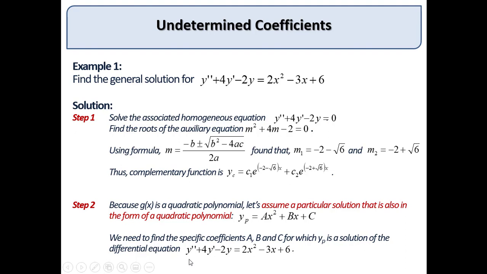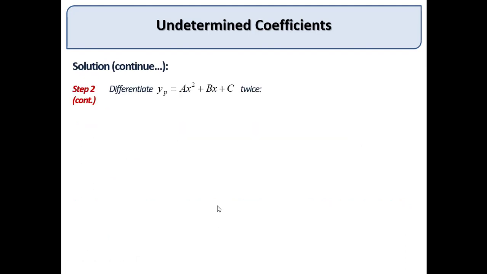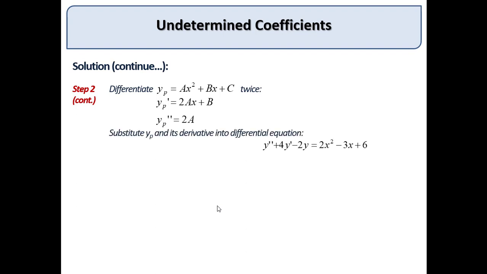Because we have the derivatives y double prime and y prime, we need to differentiate it once and twice so that we can include yp in the second order differential equation. So we differentiate yp twice. First is yp prime equal to 2ax plus b, and then yp double prime equal to 2a.